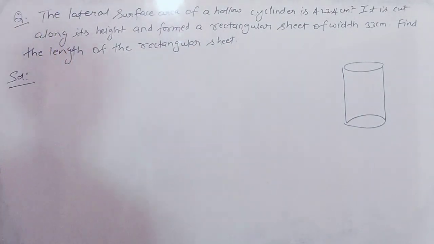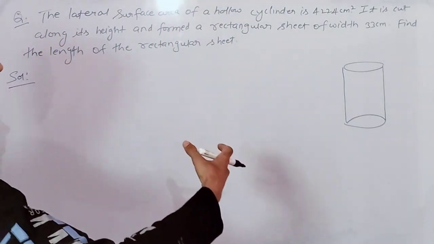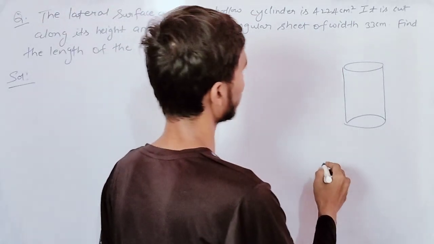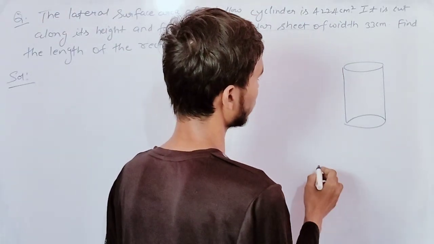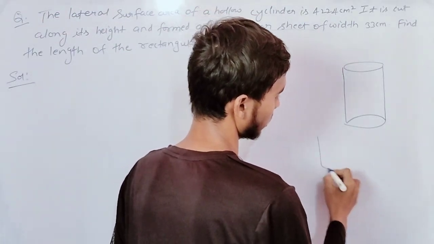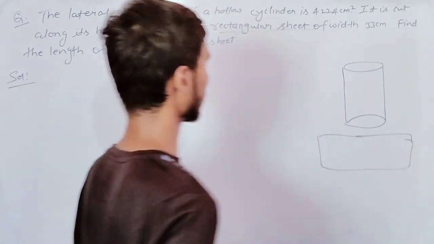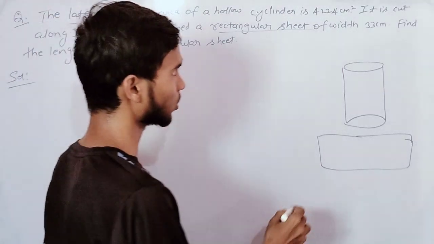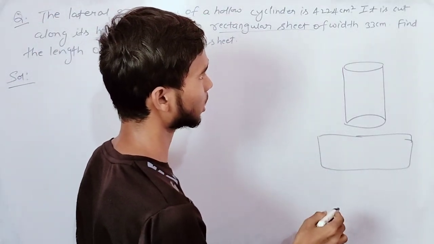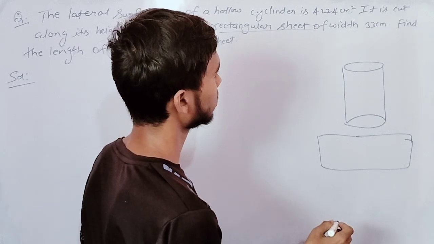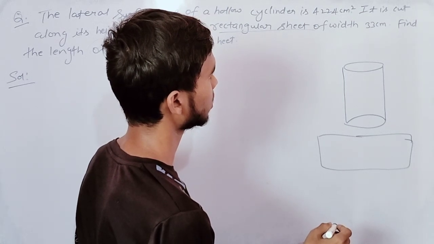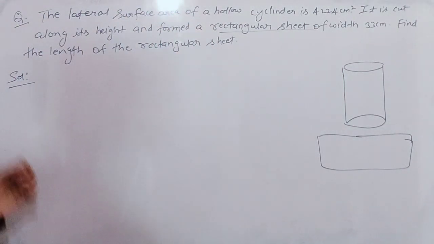It is cut along its height and forms a rectangular sheet of width 33 centimeter, like that. Find the length of the rectangular sheet.